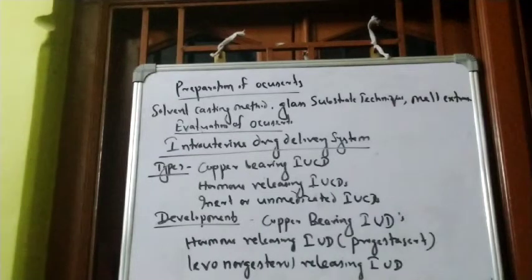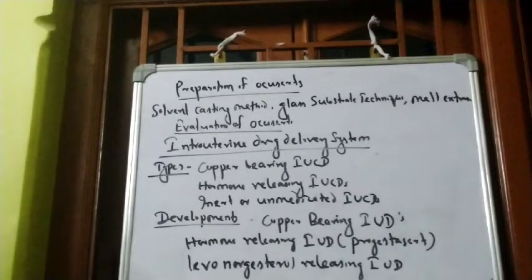The extrudate is cut into appropriate sizes, packed in polyethylene lined aluminum foil, heat sealed, and sterilized by gamma radiation. So this technique is the melt extrusion technique. The extrudate comes from the melt flow rate apparatus, by which we get the extrusion.